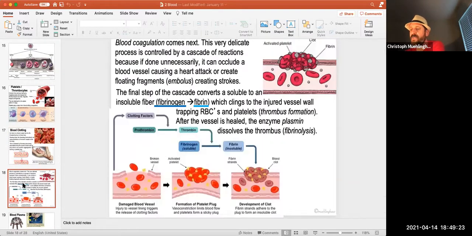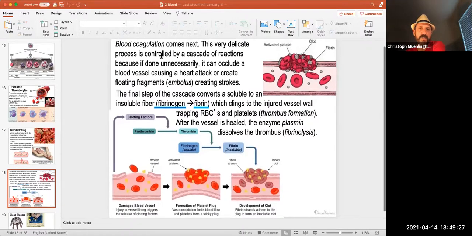And then after that, we have blood coagulation coming next, and this is a very important step, because blood cells get clumped together and brought into this meshwork that we first started with platelets.